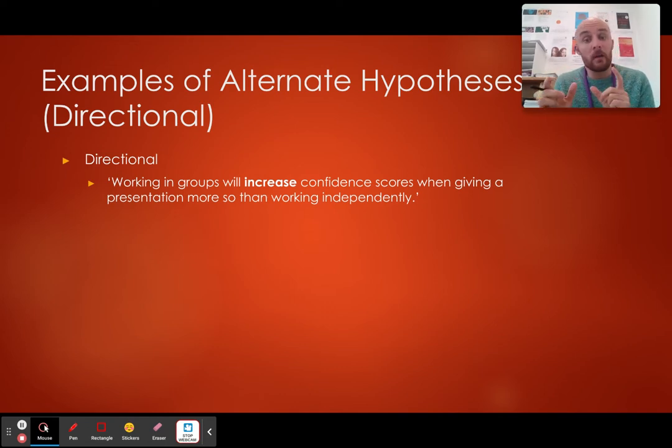So your two conditions here are working in groups and working independently. Let's call that IV work setting. We know that work setting impacts confidence scores, and thus we can actually say it's going to increase confidence scores.